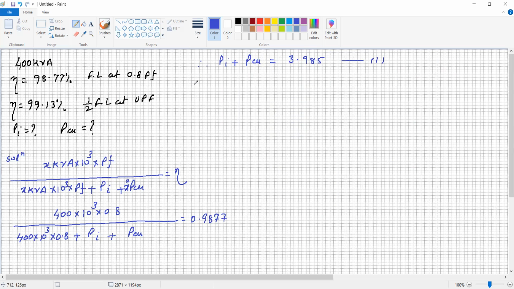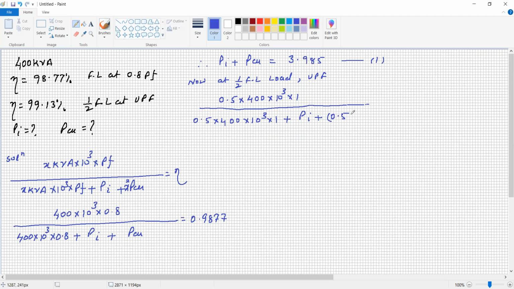Now at half full load, so 0.5 into 400 into 10³ multiplied by 1, unity power factor, divided by 0.5 into 400 into 10³ into 1 plus Pi as it is plus 0.5 square PCU, is equal to efficiency 0.9913.